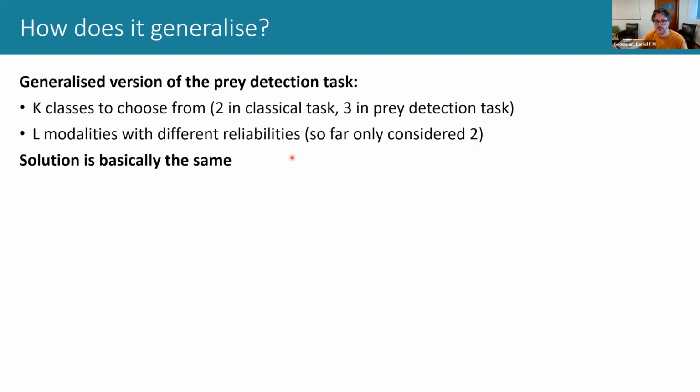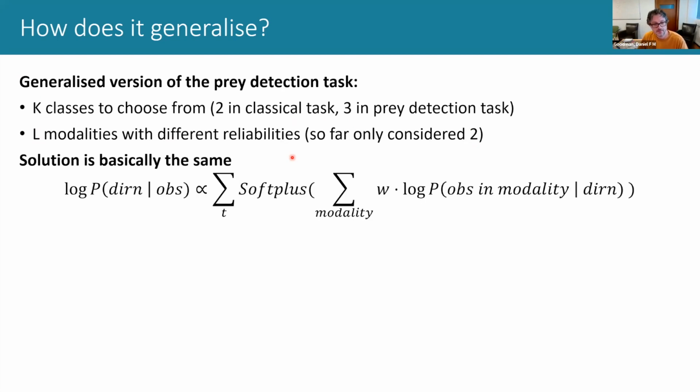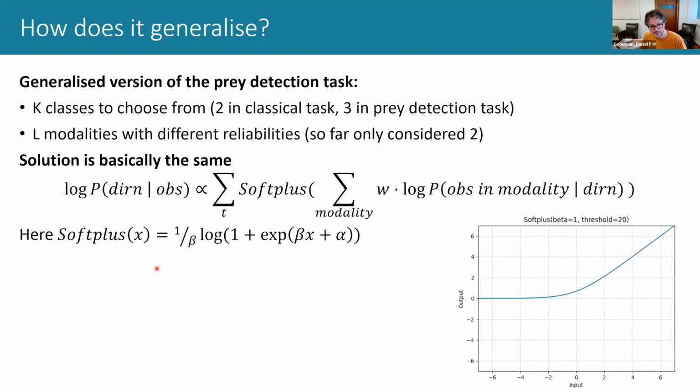And it turns out the solution is basically the same. I say basically because, okay, this is the Bayesian calculation, the probability calculation again, the maximum likelihood estimator. We get basically this bit is the same, but there's now this addition of this function softplus here. So softplus is this function. It looks like this. So it's nonlinear. And basically that's all we had to do.